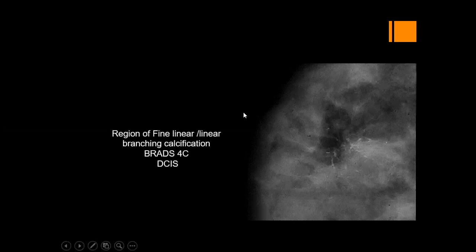But here, we're taking it by the morphology of the calcifications. Why? Because it's more suspicious. It is linear. Yes, it will be 4C because it is more suspicious. This is 4C: regional, fine linear calcifications.